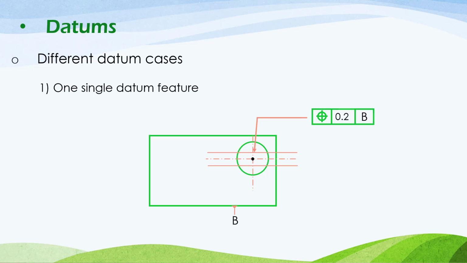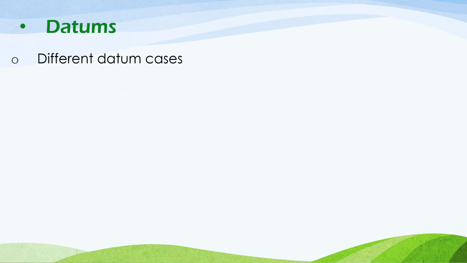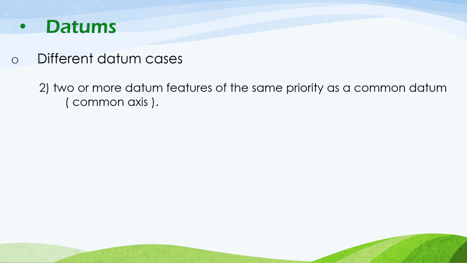Here we need to specify the tolerance of the hole center related to one datum only, which is this surface feature P only.